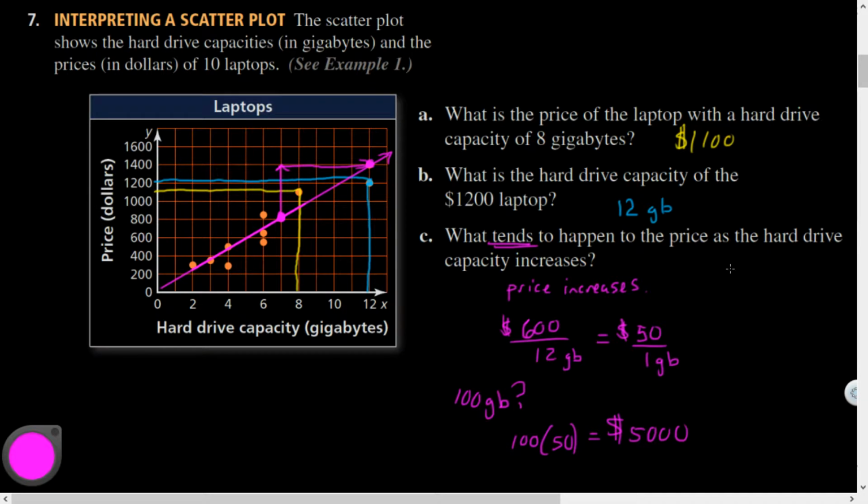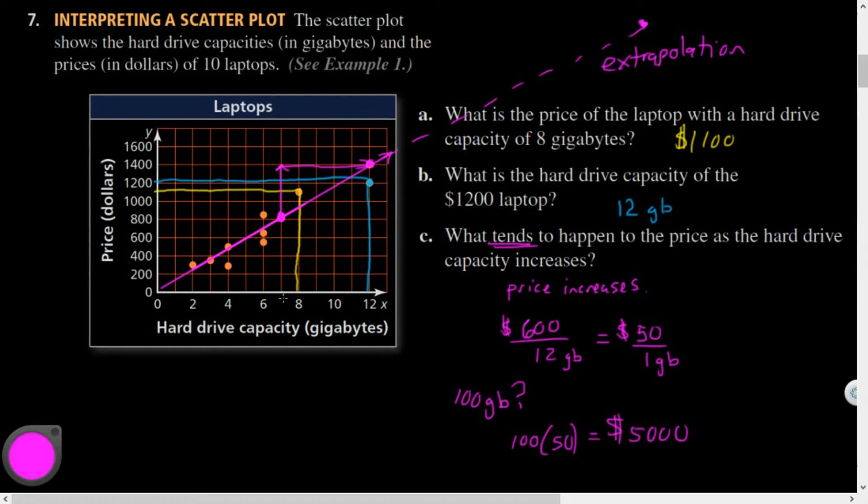I have a feeling that is still a terrible price for a laptop based on this data. $5,000 for a 100 gigabyte hard drive laptop. But I could use my line to predict a value way out here. And when I'm predicting something that's out beyond the equation, this is called extrapolation.